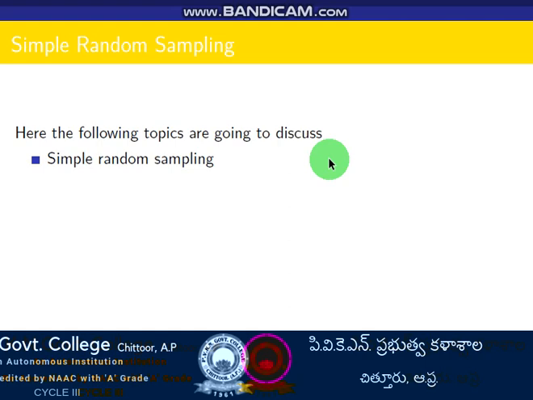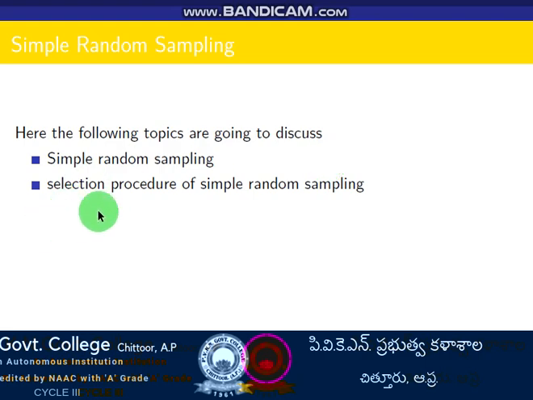In our syllabus, we are going to look at 3 random sampling techniques, namely simple random sampling, stratified, and systematic random sampling techniques. Here, the first concept in second unit is definition of simple random sampling, selection procedure of simple random sampling.